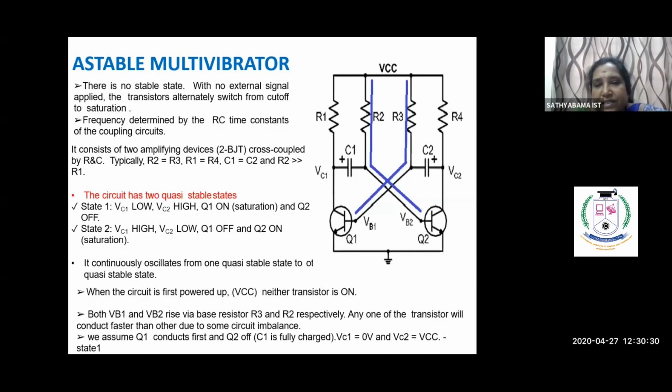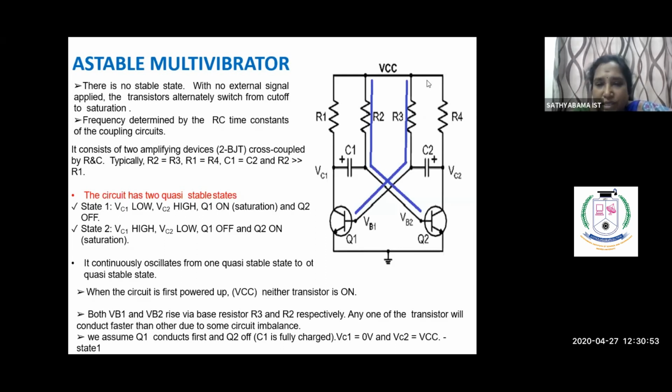In the first state, what we assumed is Q1 is on and Q2 is off. The capacitance C1 is in charged condition, and this charged condition will not remain for long.